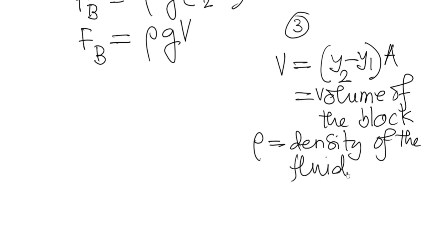and V is the volume of the block. So we can say that this rho into V is the mass of the displaced fluid.